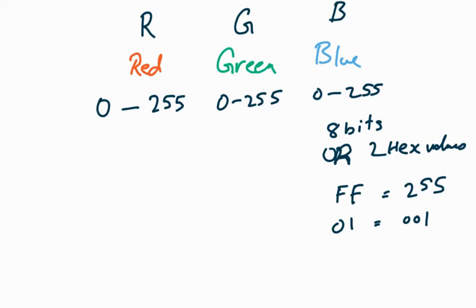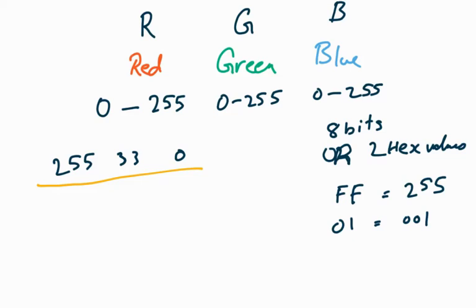So let's say you have 255 for red and 33 for green, and let's say a 0 for blue. This will take you this many decimal numbers if you were to write it in decimal, and many more numbers if you were to write it in binary.